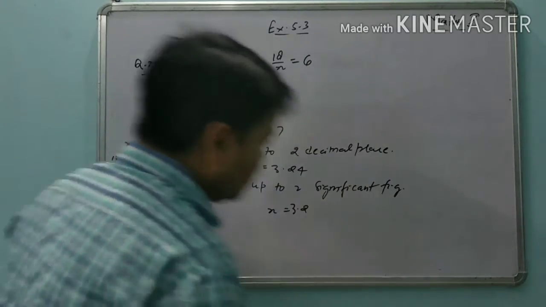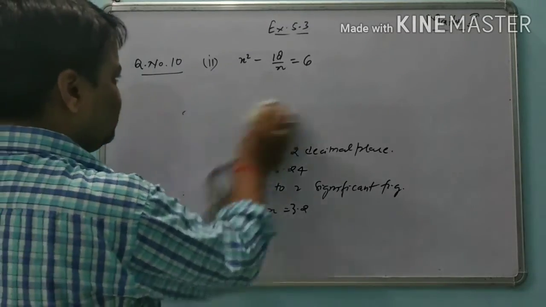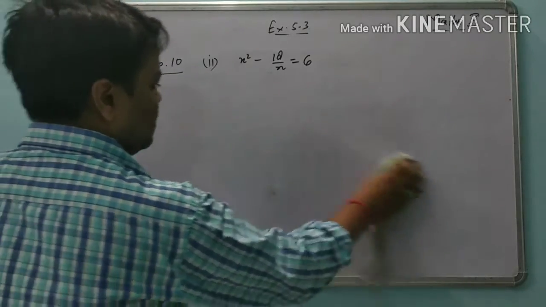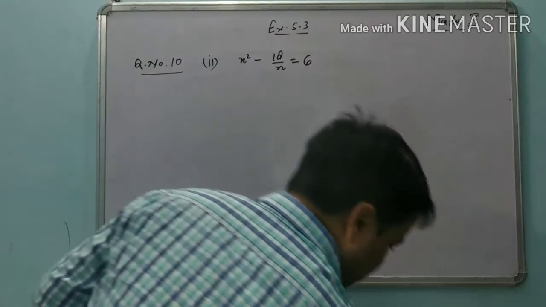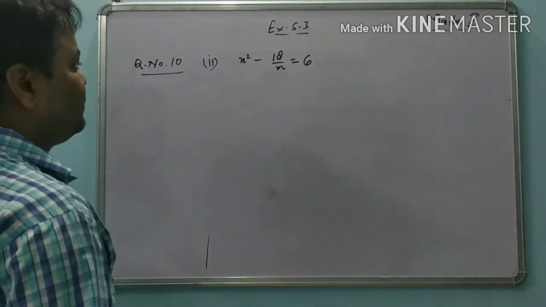Now let us solve the given question, question number 10 second part. It is a very important question, and at least one such question you must get in your board exam.